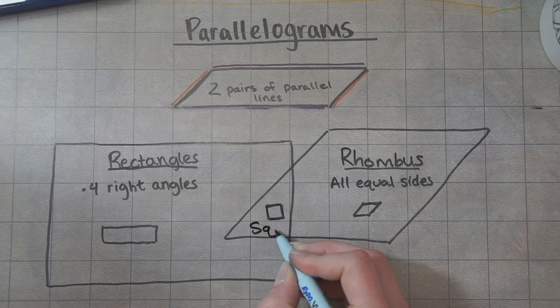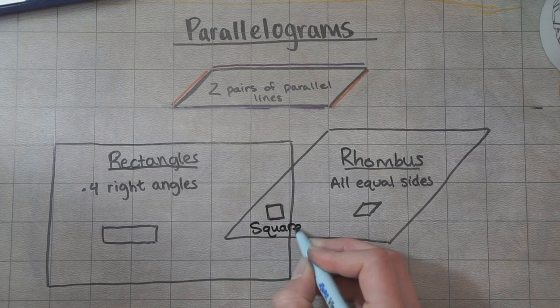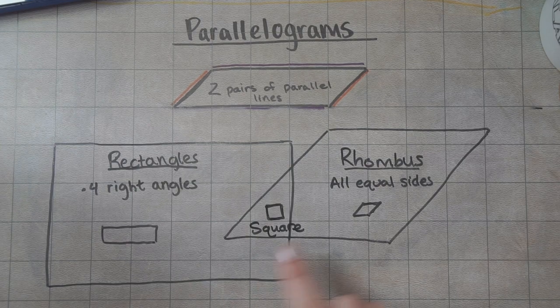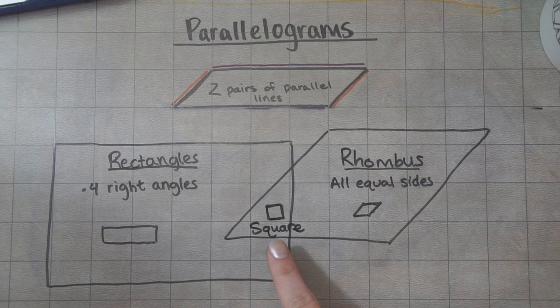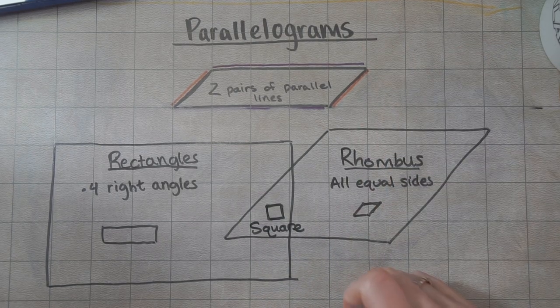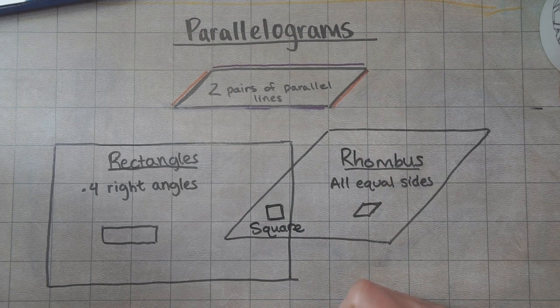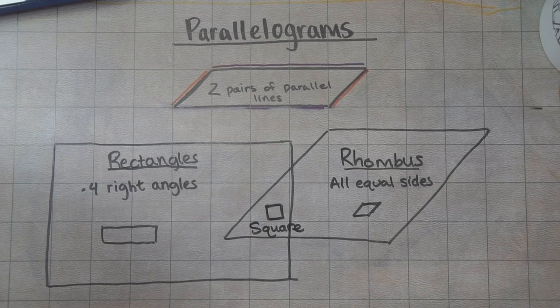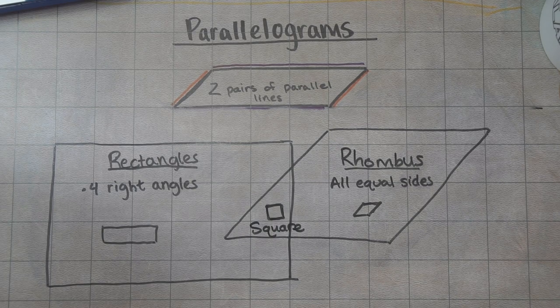That's because the square family fits into both groups. A square is a rectangle because it has 4 right angles. A square is a rhombus because it has all equal sides. A square is a parallelogram because all its sides are parallel. And a square is a quadrilateral because it has 4 sides. So squares are definitely VIP, very important polygons.